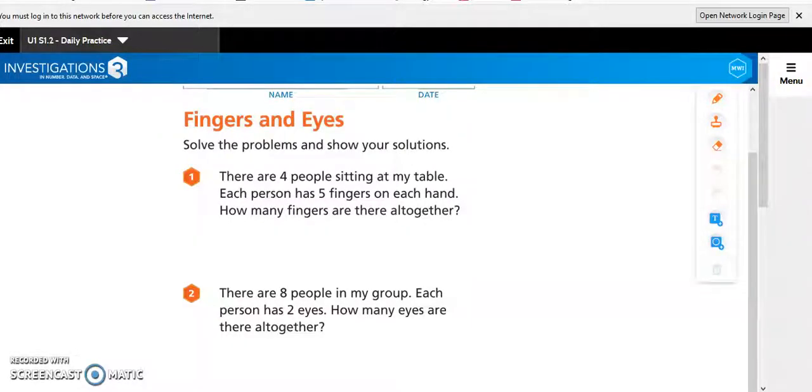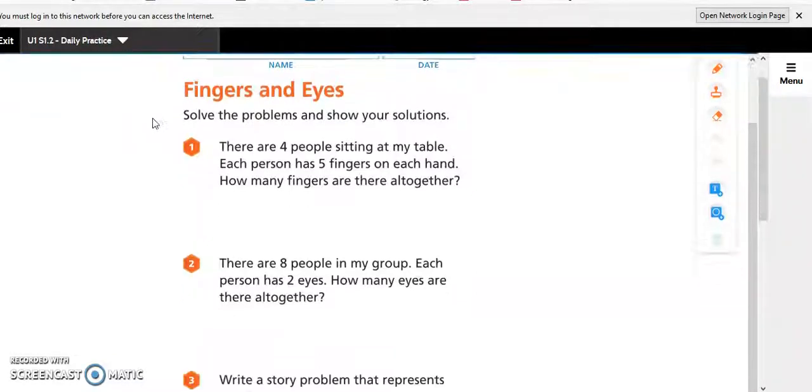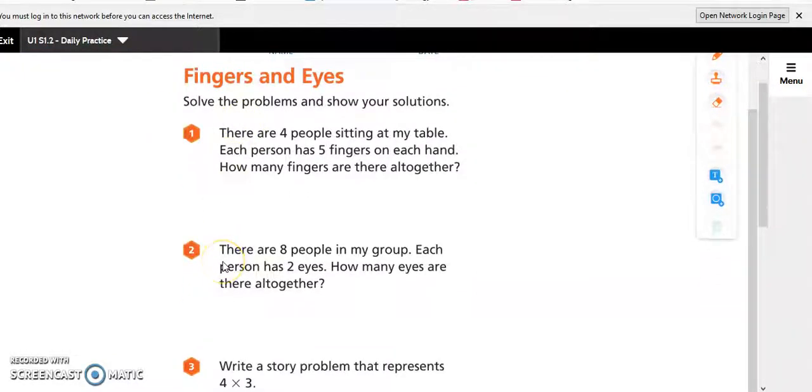Okay, let's look at the assignment that you have today. Remember that your assignment is going to be about equal groups. And when you turn your work in, there's a few things I want to see. For each problem, first, I want to see a picture. Draw your groups, put the objects in the groups.